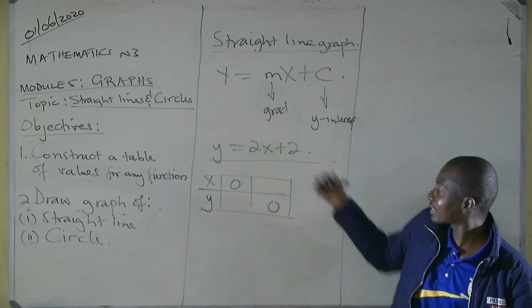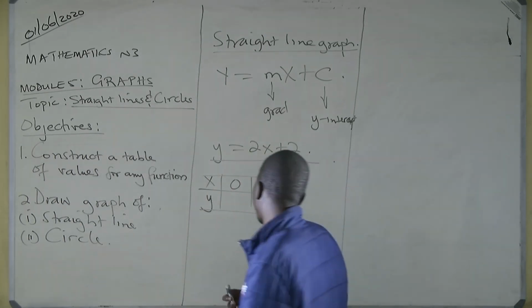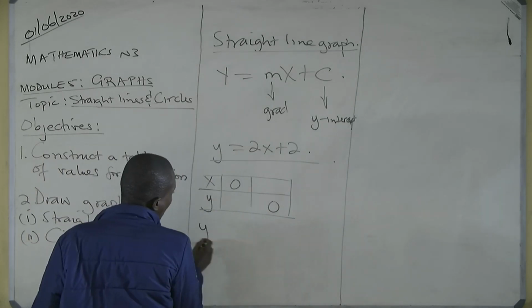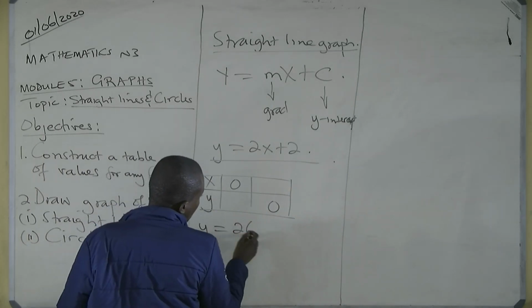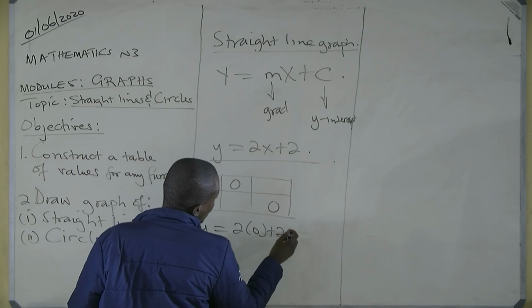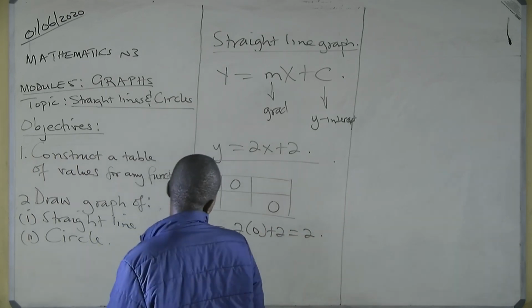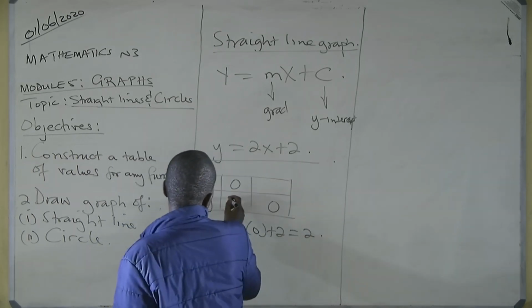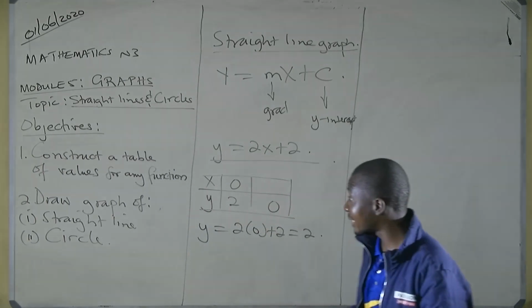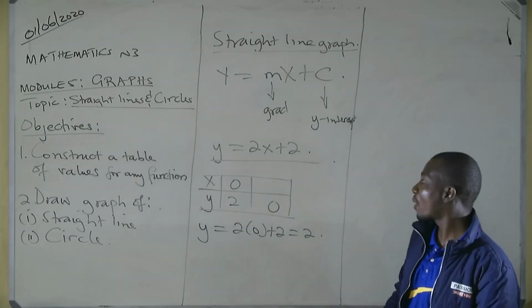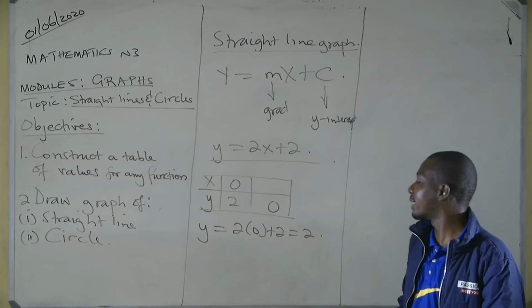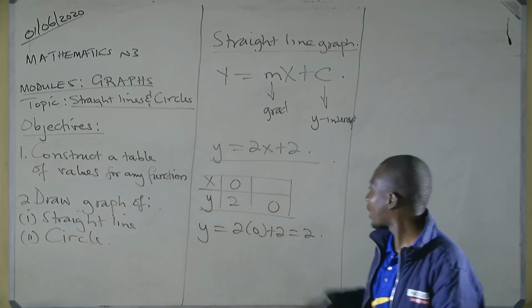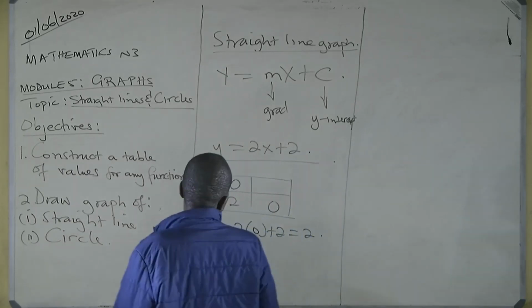So obviously, when x is 0, we go to our equation and say y is equal to 2 times 0 plus 2, we get 2. So our y is going to be 2 when x is 0. Now we want to see what x will be when y is 0.